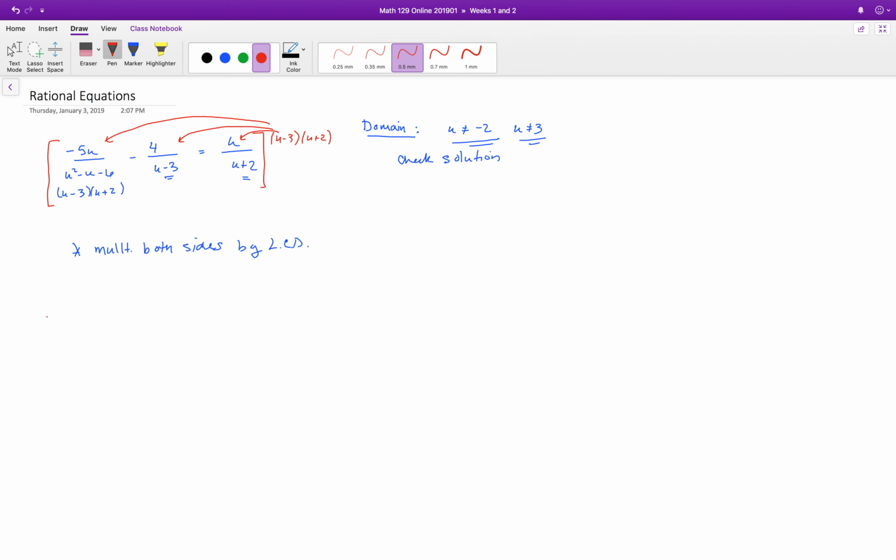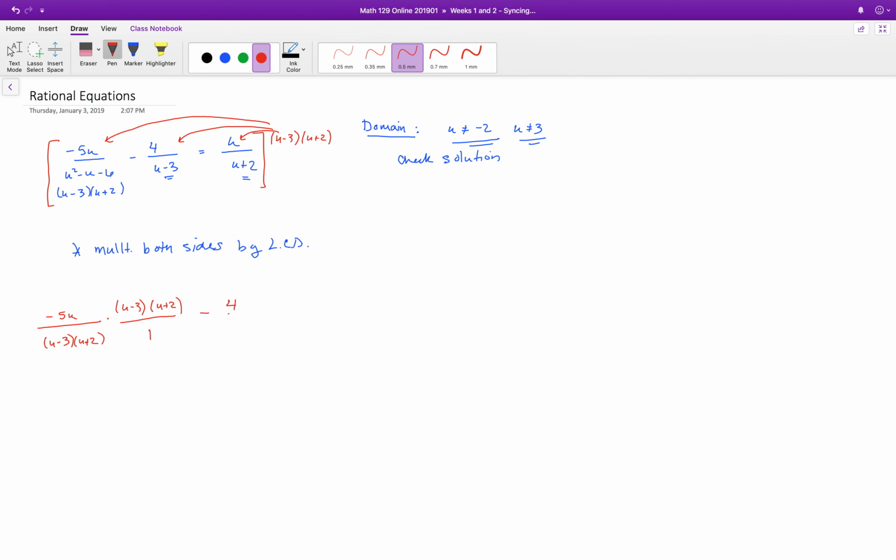For example, with the first term, negative 5u over, I'm just going to write the denominator in factored form. When I multiply by u minus 3, u plus 2, because really I think of that as being over 1, my denominator is going to completely cancel out.